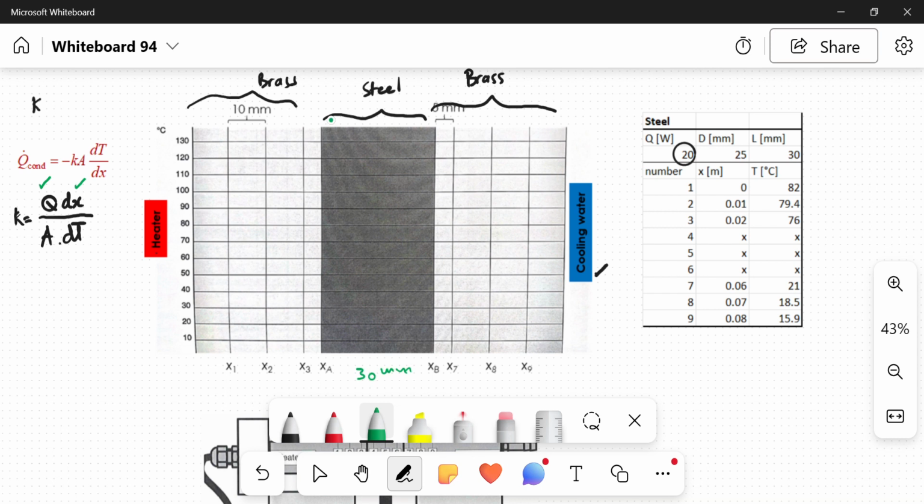We also have the cross-sectional area of that steel section, based on the diameter of 25 millimeter. So what we need to know in order to evaluate K is the temperature difference between the two sides of the steel section.